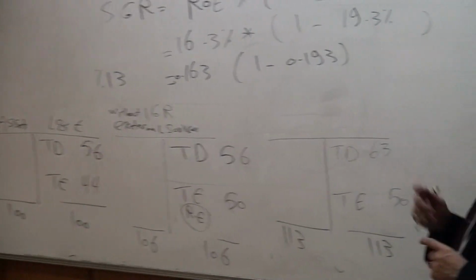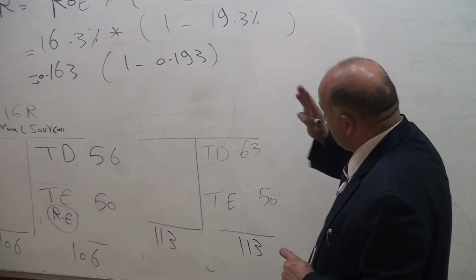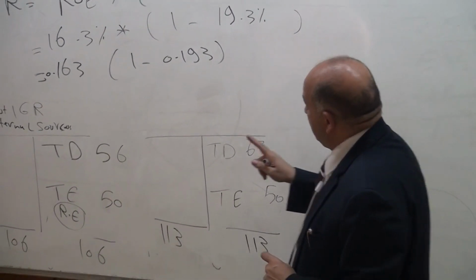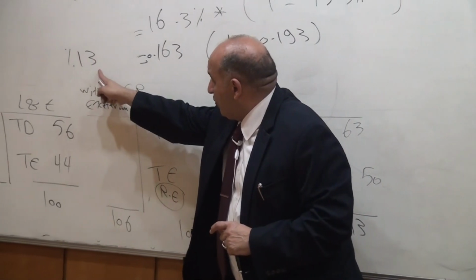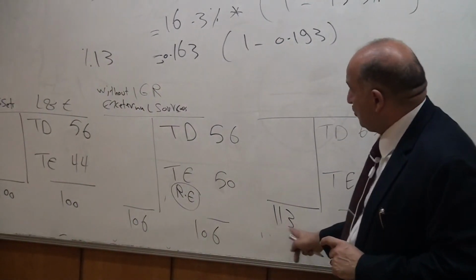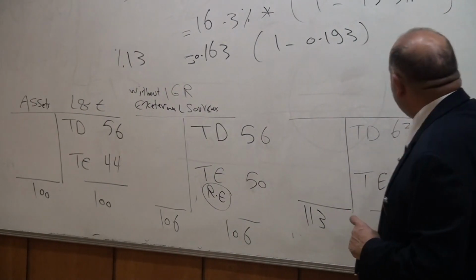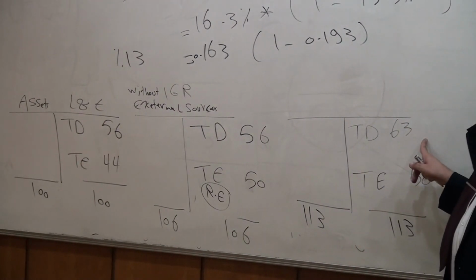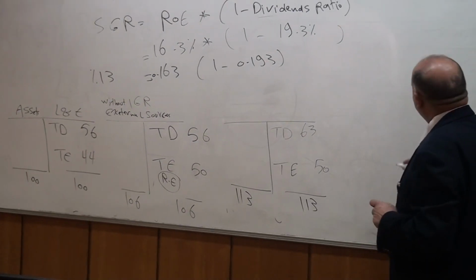Again, what does sustainable growth rate mean? It means that our assets can grow by 13%, to increase from 100 to 113, with maintaining the debt ratio.